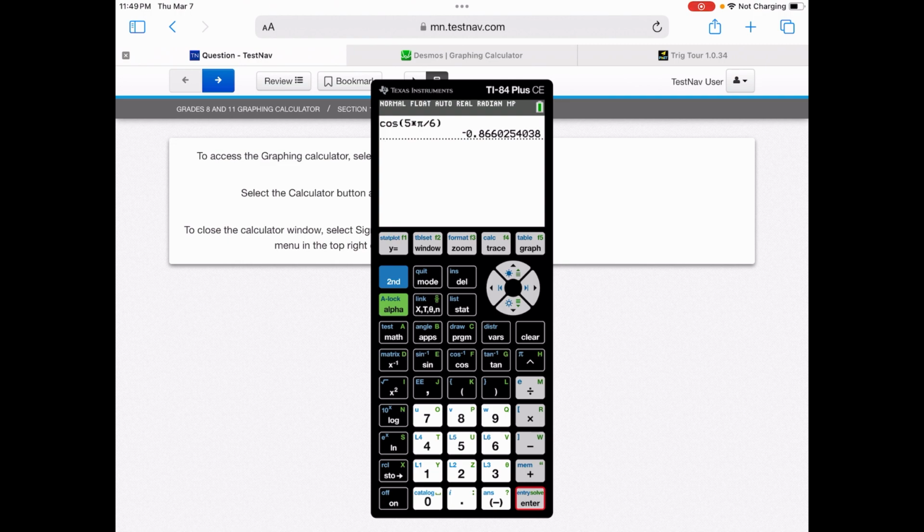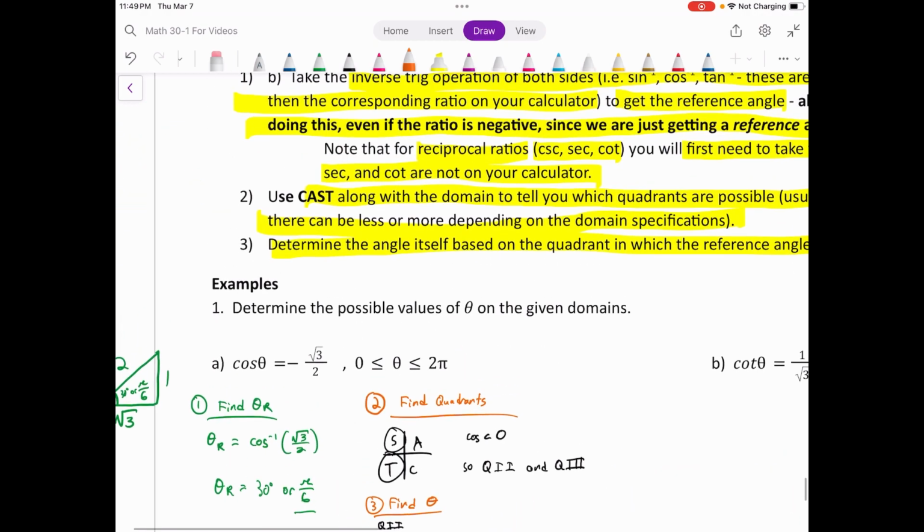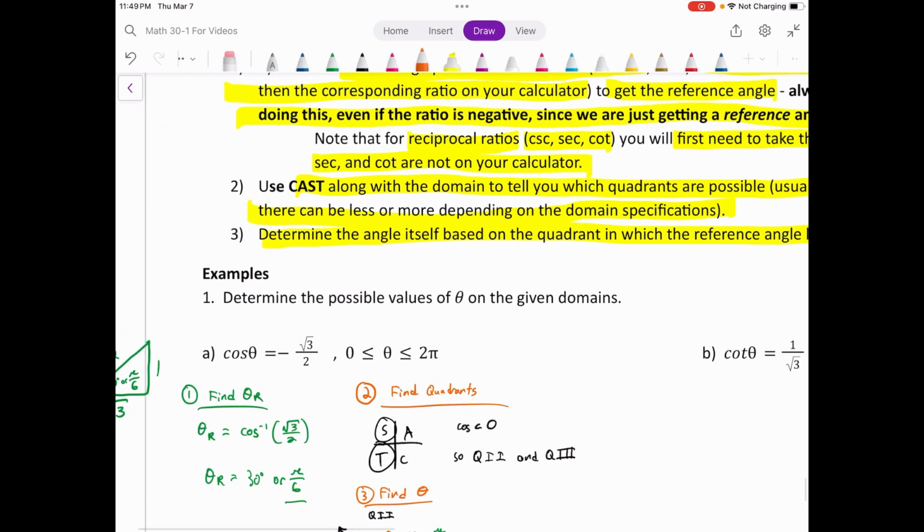And look at that. Now that might not seem like much to you, but look, negative root 3 over 2, that's what it was, right? It's negative 0.86602545, which is negative root 3 over 2. That's what we were trying to find, an angle where the cosine of that angle would be negative root 3 over 2.